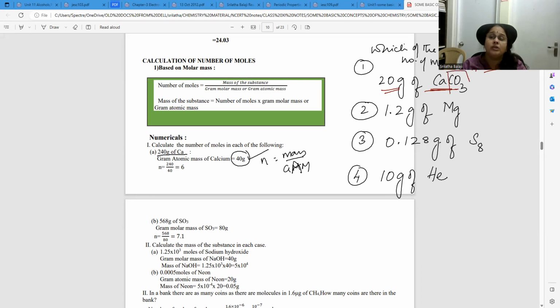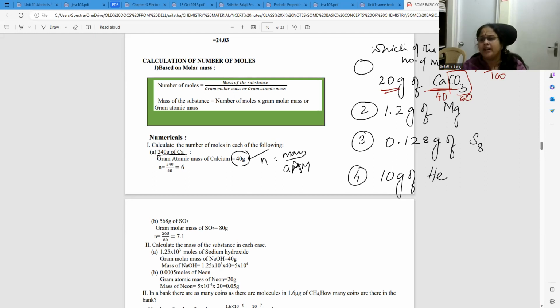So how much did we get for CO3 yesterday? 60. And calcium was 40. So the total is 100, isn't it? So 20 by 100. So how many moles?